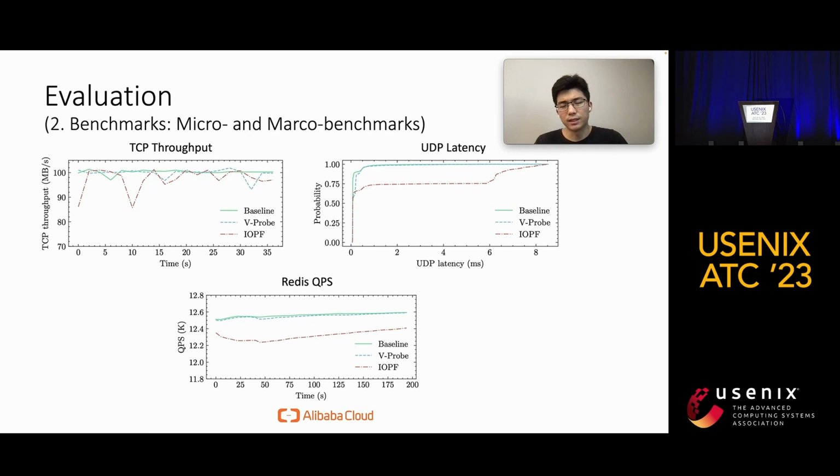As this result shows, the performance of vProbe is only slightly lower than the baseline, and it is much better than the IO page fault-based methods. People who are interested can refer to the paper for more details of the experiments.